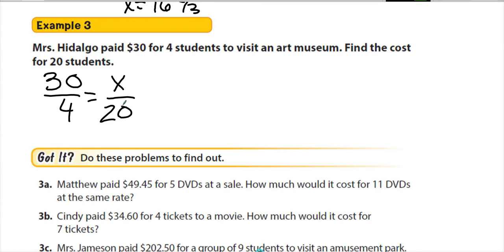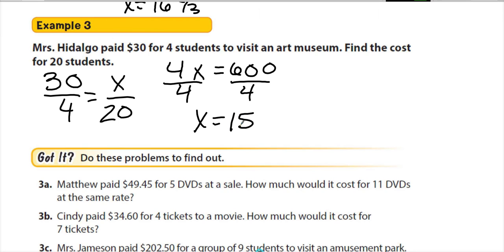Now, yes, there's a little cheat on this one, but we're going to go ahead and solve it the way we're supposed to. So 4 times x would be 4x. 30 times 20 is going to give us 600. We're going to divide by the coefficient of 4. And x is 150.